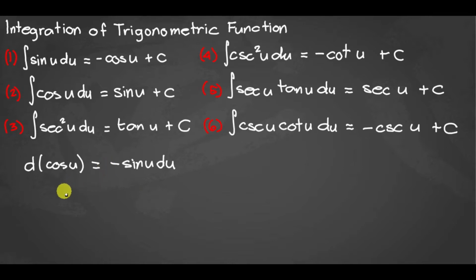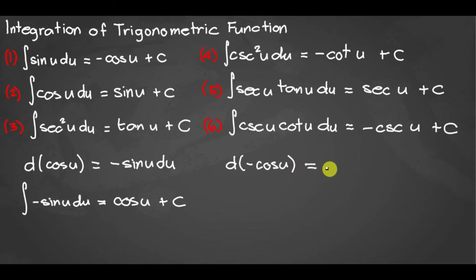And if we take the integration of the resulting derivative, we have the integral of negative sine u du is simply the original function, which is cosine u plus c. Similarly, the derivative of negative cosine u is equivalent to negative times negative sine u du, and that will become positive sine u du.